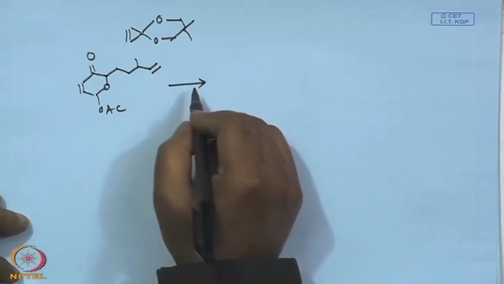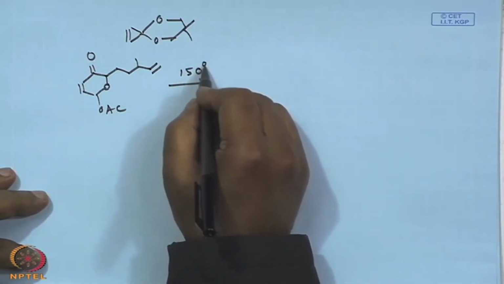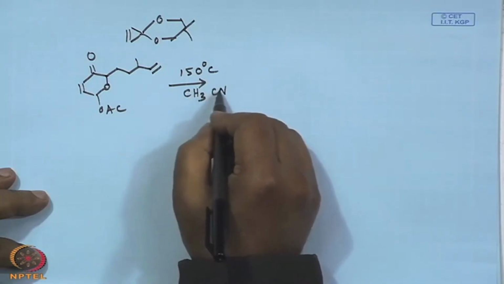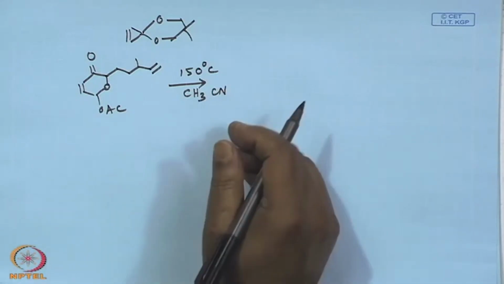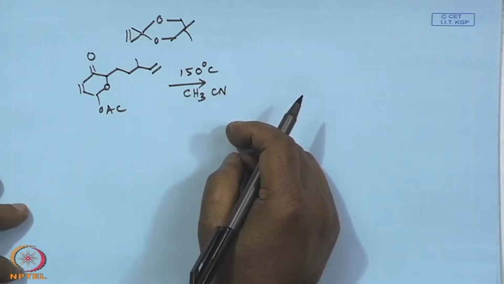Now, the double bond is within the substrate. What are the reaction conditions? The reaction conditions could be room temperature, a base, or simply heating, just 150 degree centigrade, in acetonitrile. The boiling point of acetonitrile is only 80 degree, but if you are to react at 150 degree, you have to put them in a steel tube and do the reaction.